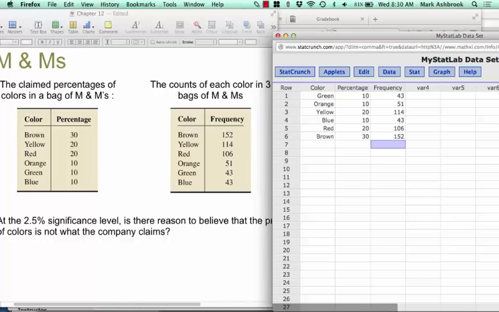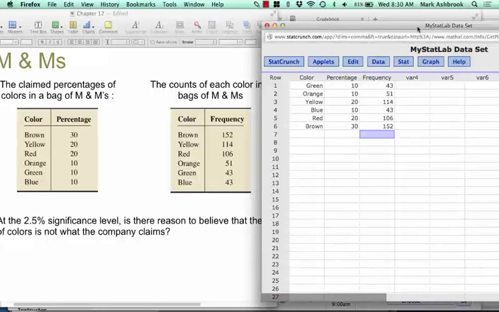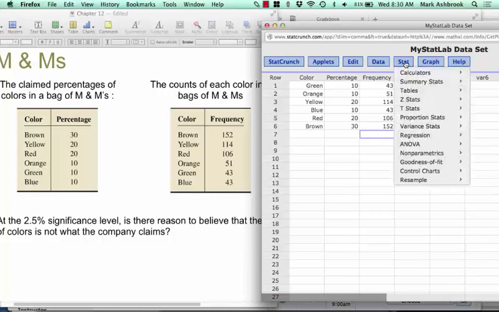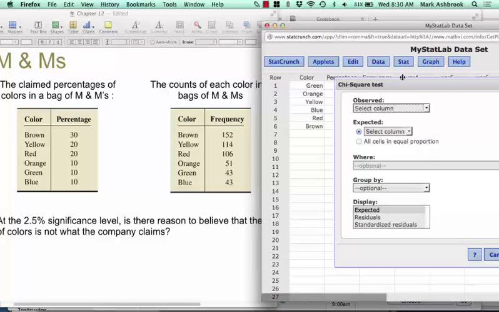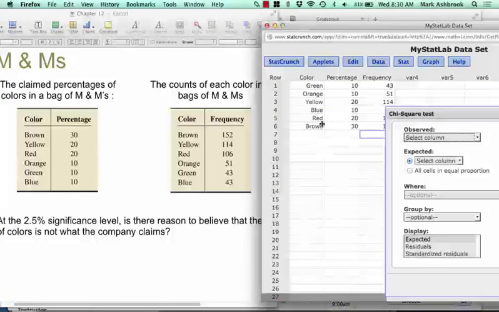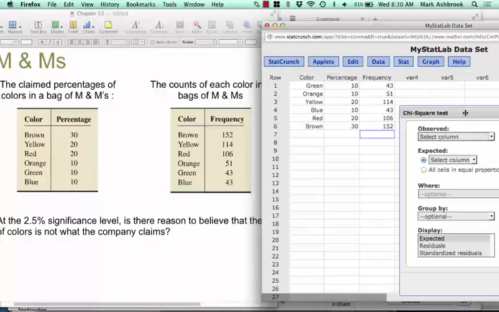Okay, so there's our data. And so again, Stat, Goodness of Fit, Chi-Square, which is our observed column. Yeah, so, and then if you just open up StatCrunch, so this came from that problem that had the same setup.